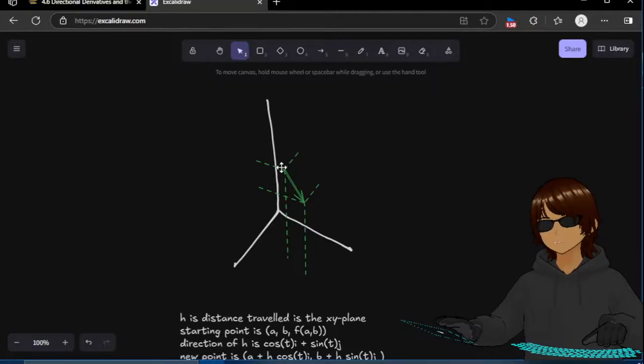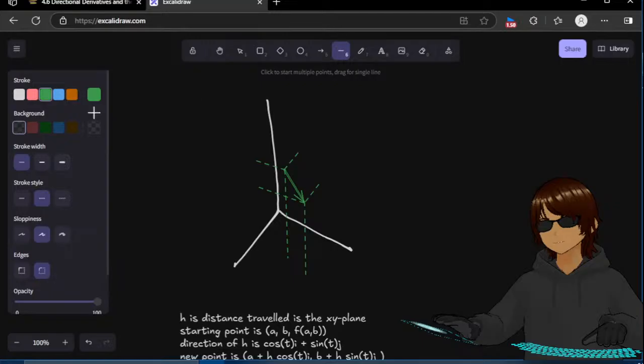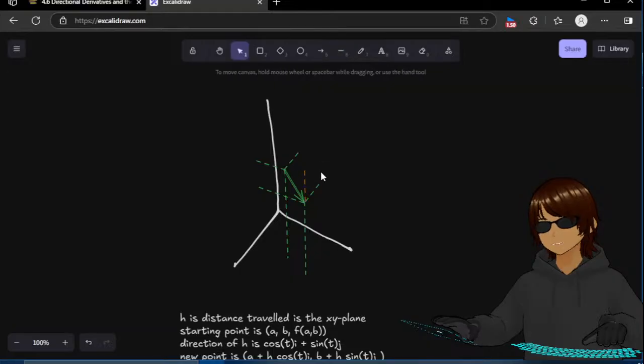Now, the distance we travel is h, but I personally think it's h in the xy plane. Let's say we extend the line touching the xy plane.